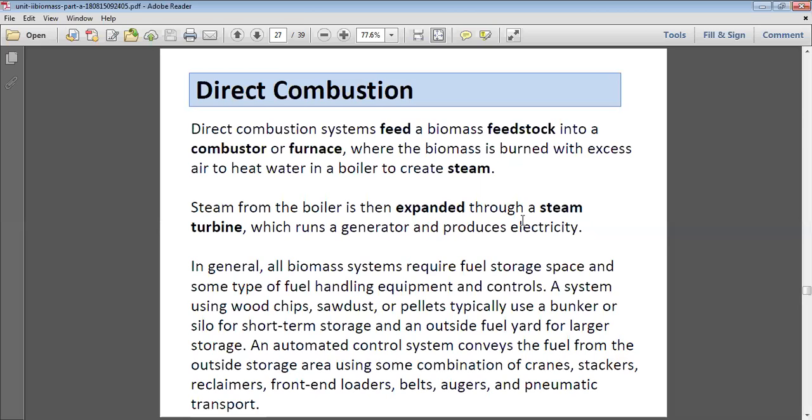Then belts, normally known as conveyor belts, are arranged by belt and pulley systems.